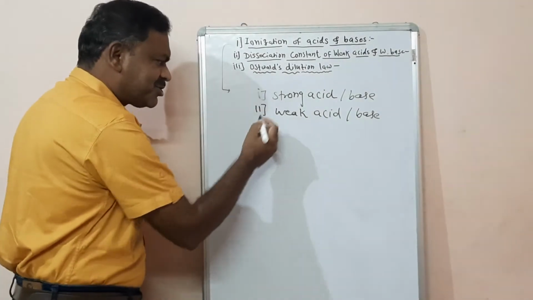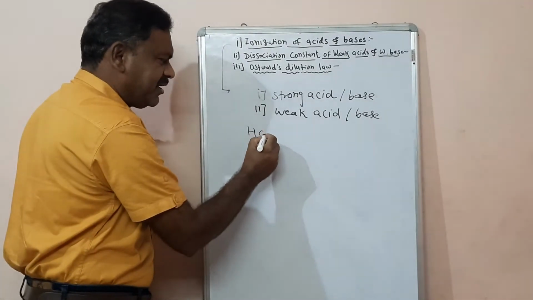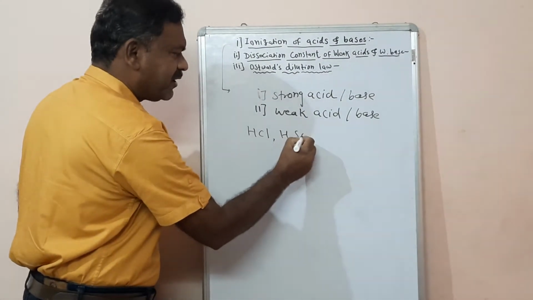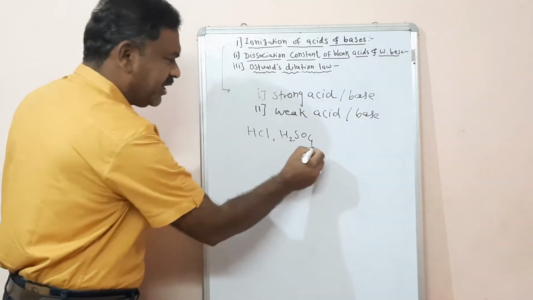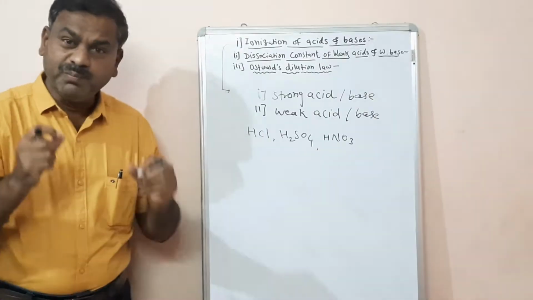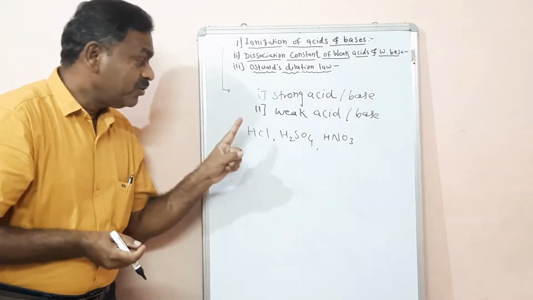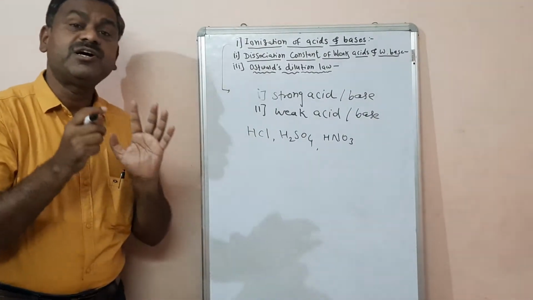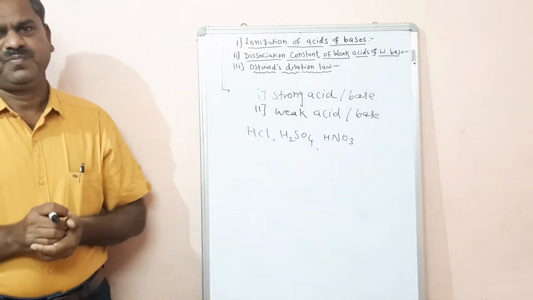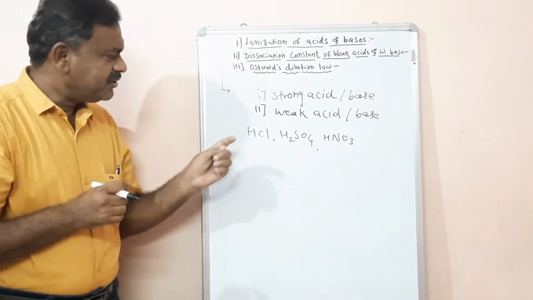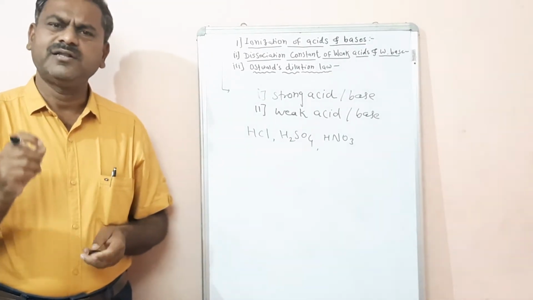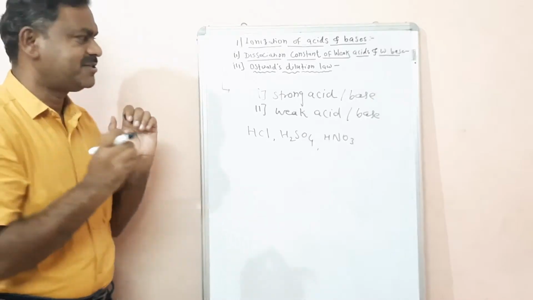For example, HCl is a strong acid, H2SO4 is a strong acid, HNO3 is a strong acid, because their dissociation is almost complete. Therefore HCl, H2SO4 and HNO3 are the strong acids.